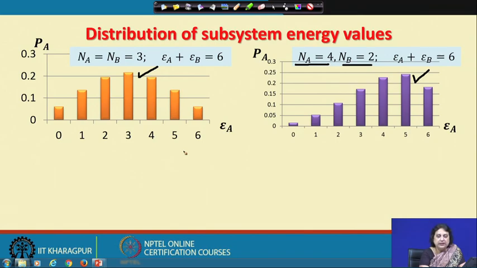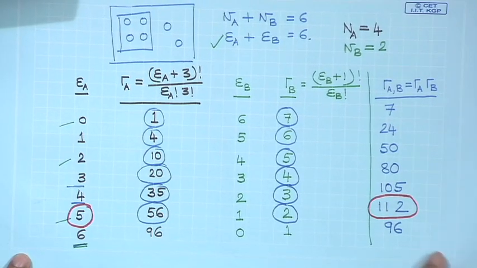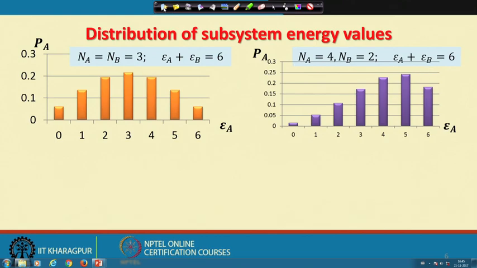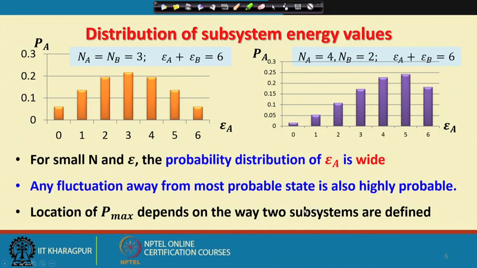Now, the question is, is it possible for me to predict, given the definition of the subsystems, where this maximum in the distribution will appear? That is actually quite possible. But before going into that, let us now make the essential observations from this kind of picture first.